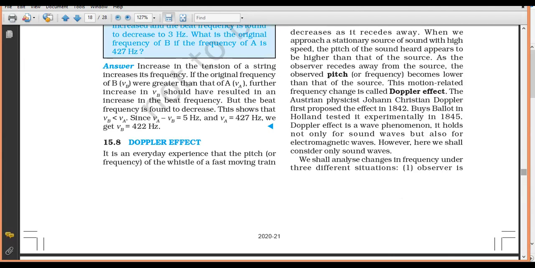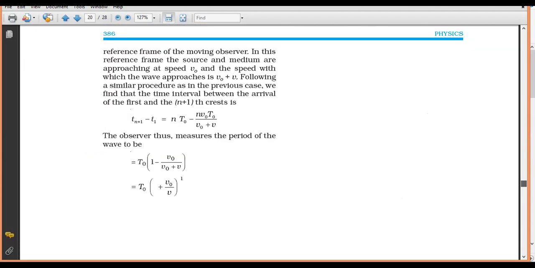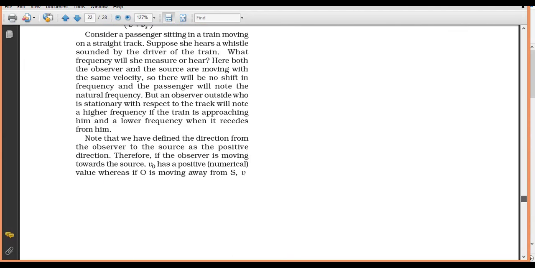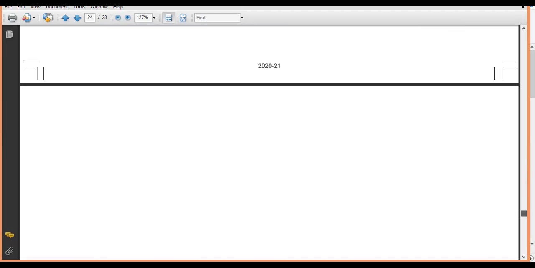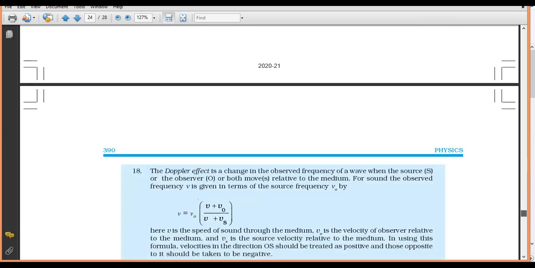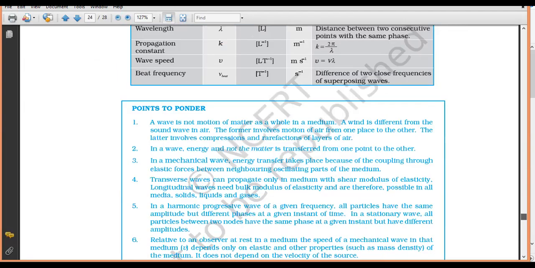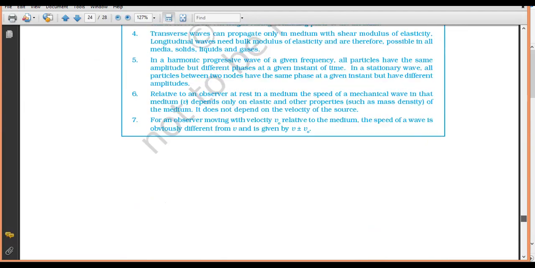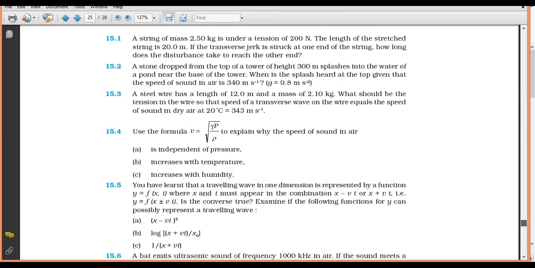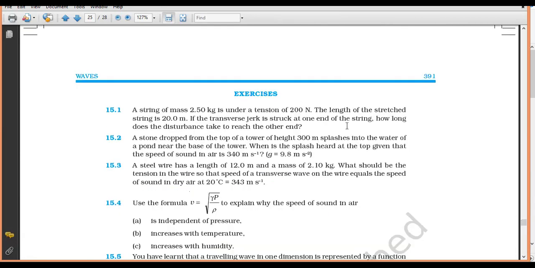Again, we didn't do Doppler effect well for you, but we will do some problems based on what we discussed.